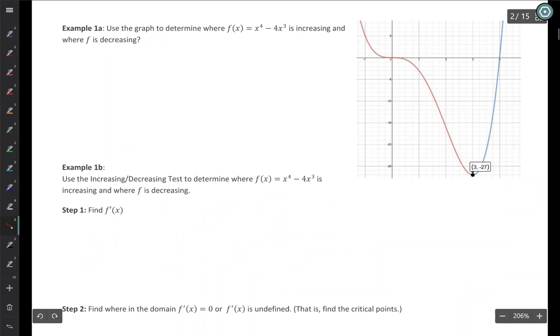Okay, so first we're going to use the graph to find out where the function is increasing and decreasing, and then we're going to do this problem another way analytically, as if we didn't have the picture, using my increasing and decreasing test. So first, here's my function. F of x is pictured.